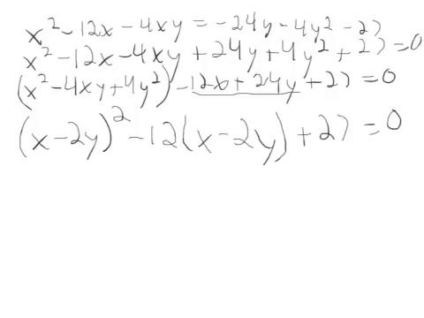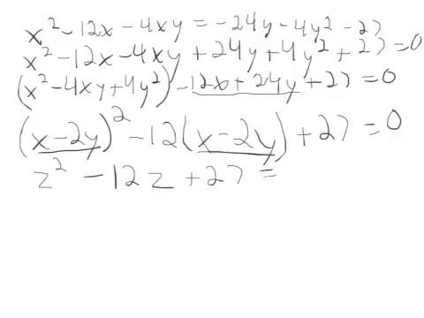Now notice what I have. I have an x minus 2y and x minus 2y here. So this one I'm going to use z substitution, where z will be represented by x minus 2y. So instead of x minus 2y, I'm going to write z squared minus 12z plus 27 equals 0.